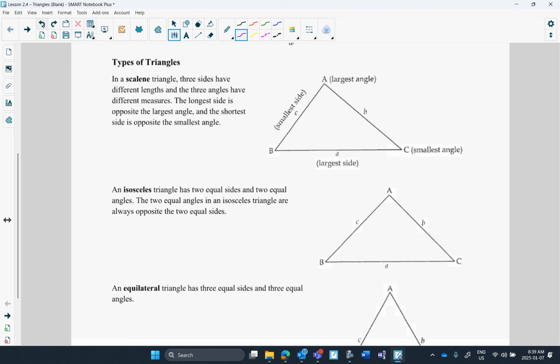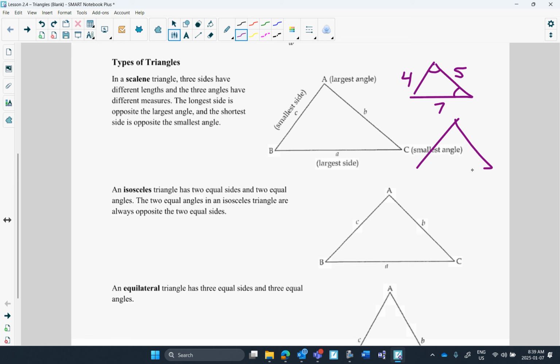So if I gave you something like this, 4, 5, 7, we would say this is the smallest angle because it's opposite the smallest side. What angle is opposite the largest side? That one. So that's going to be the largest.